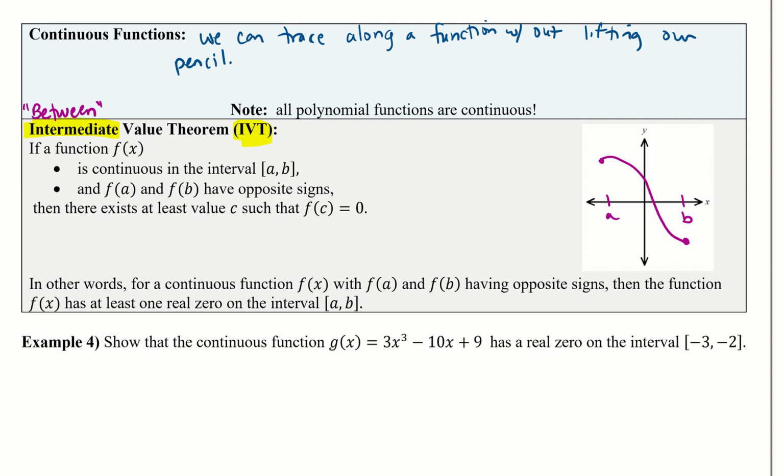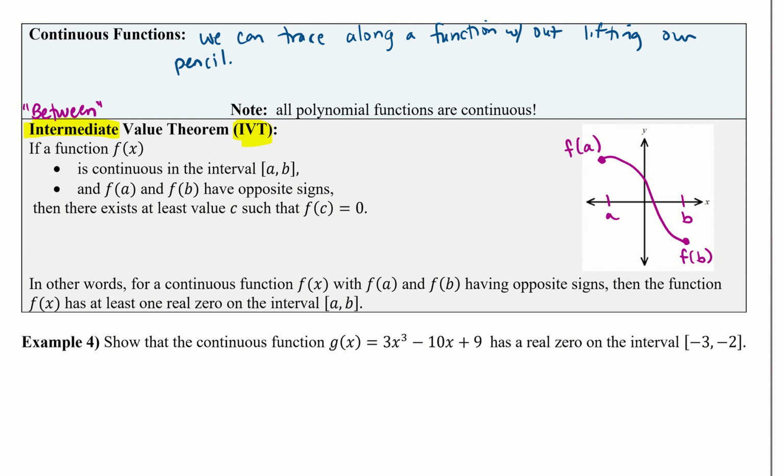And by the way, this is a special instance of the IVT. We'll explore the IVT without the second condition next year in calculus if you take it. But let's say that we know that f of a and f of b have opposite signs. So f of a would be the height of the function when a is the input, and f of b is the height of the function when b is the input.